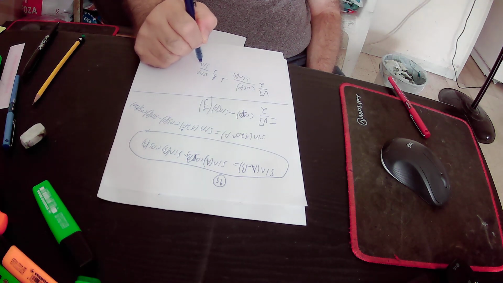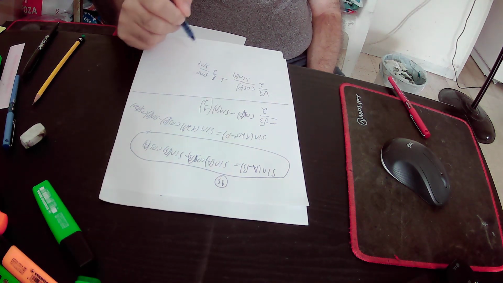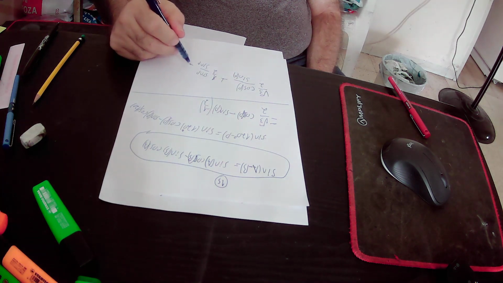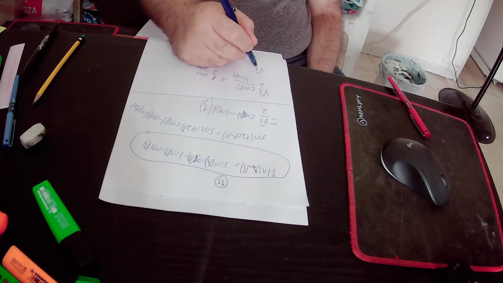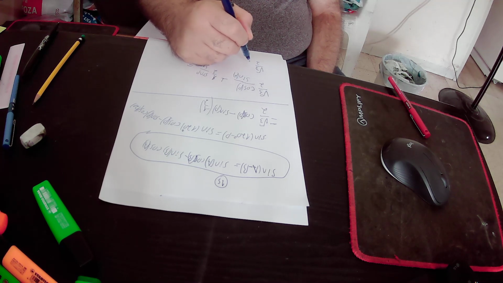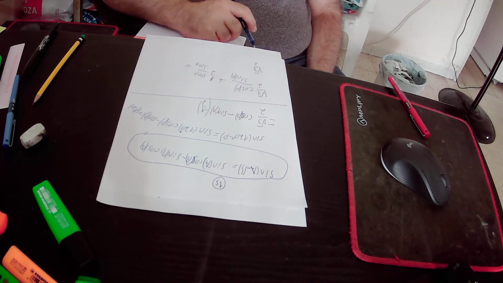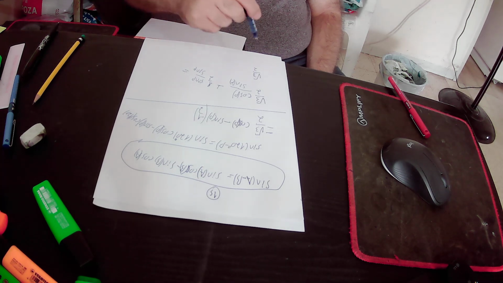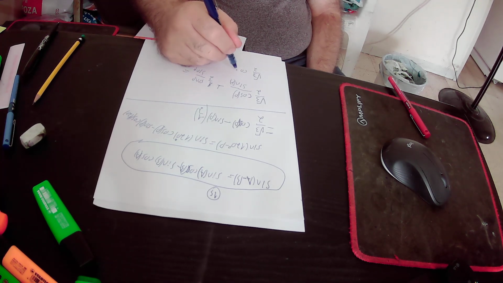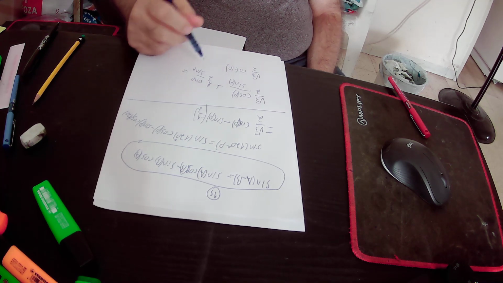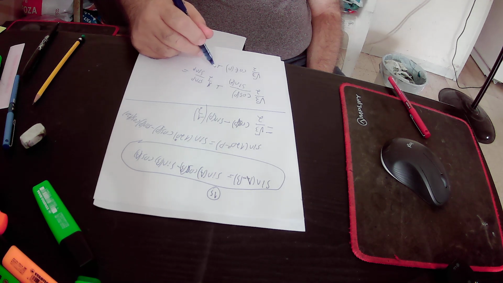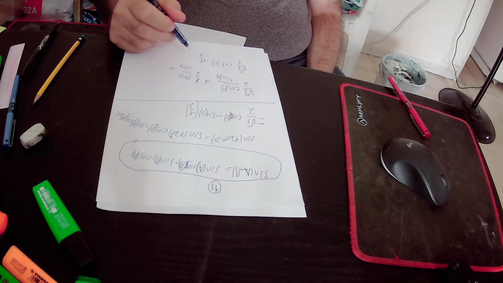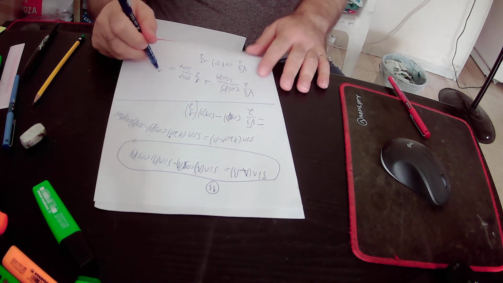Sine p over sine p is 1. So in total we get root 3 over 2 times cosine p over sine p, which is cotangent p, plus 1 over 2 equals 15 over 8.